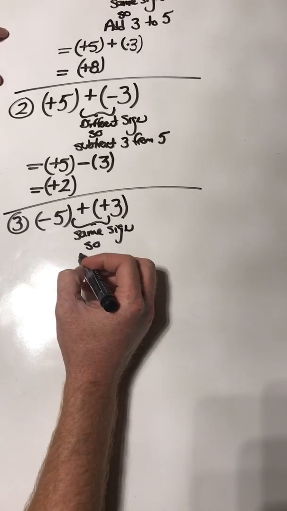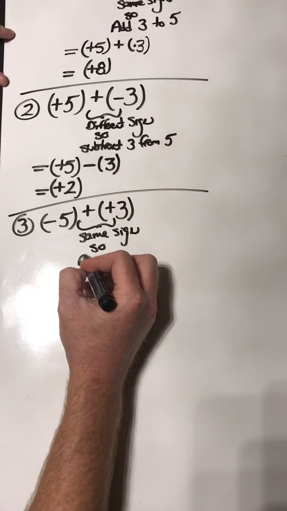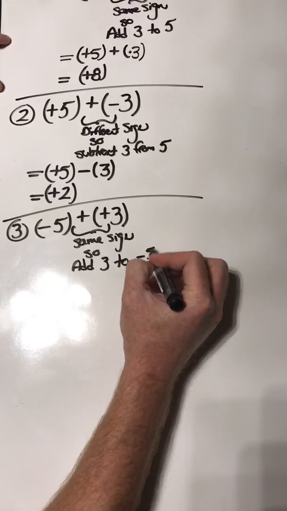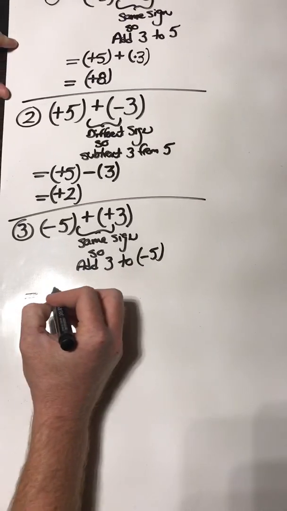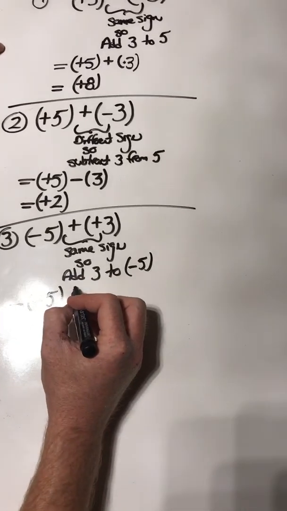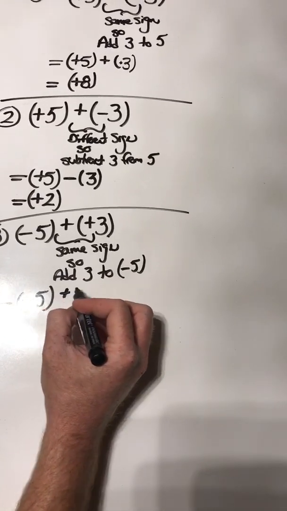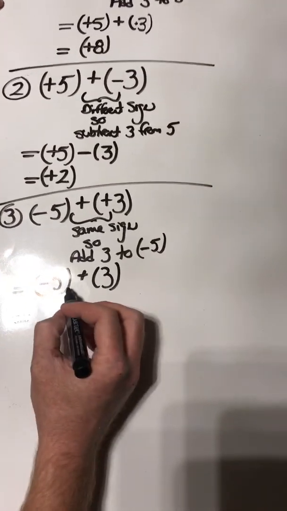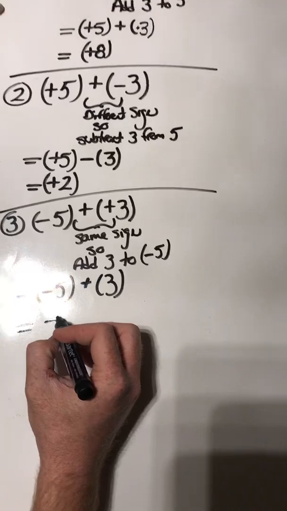So we're going to add 3 to negative 5. So we can rewrite this as negative 5 plus, and then we write in 3 here. So negative 5 plus 3 is negative 2.